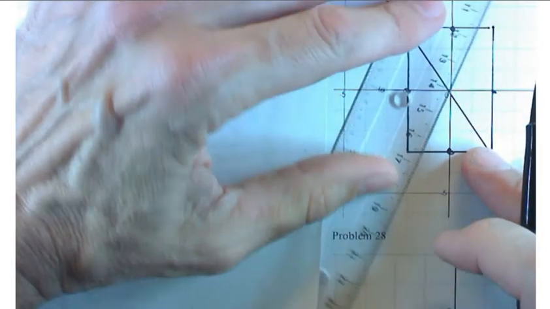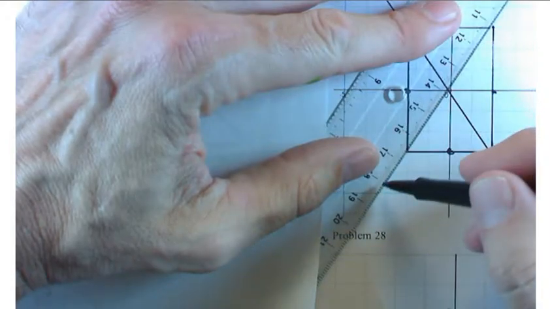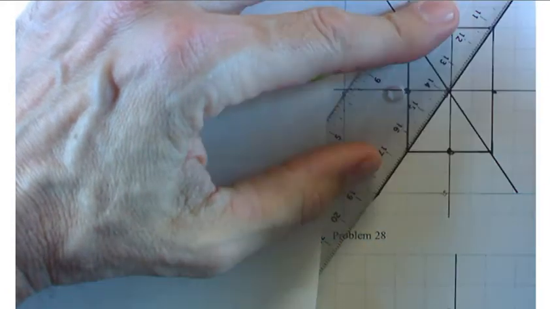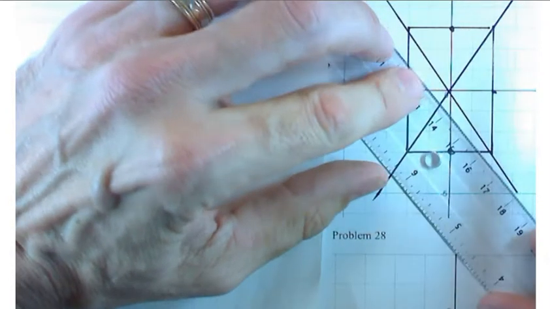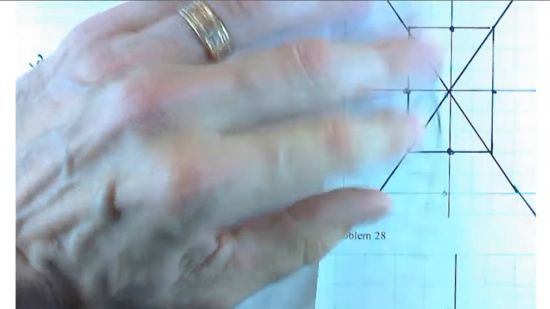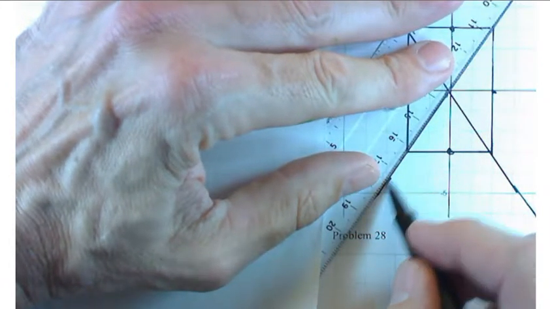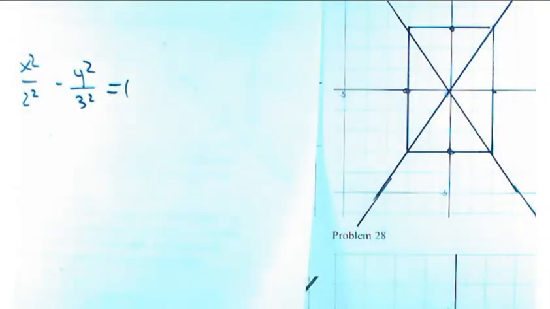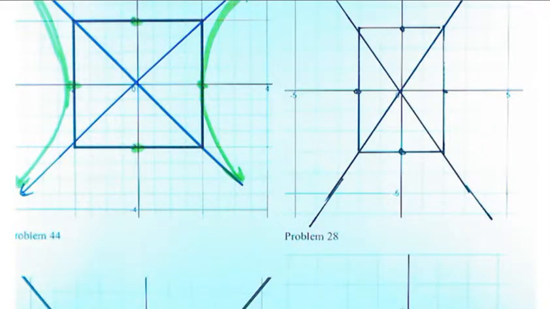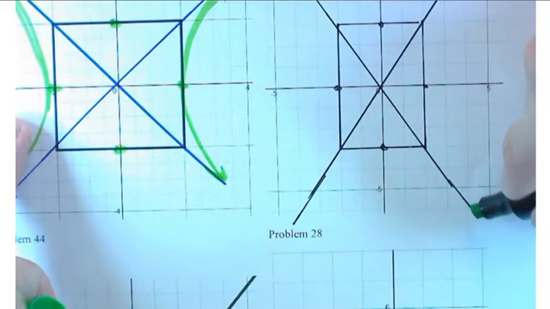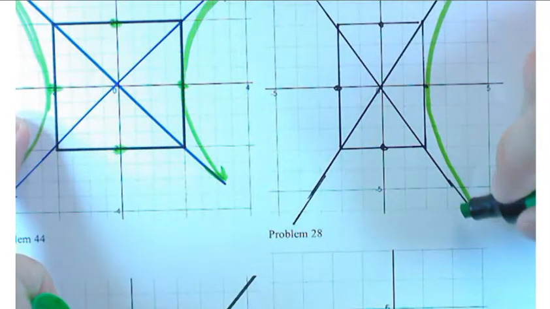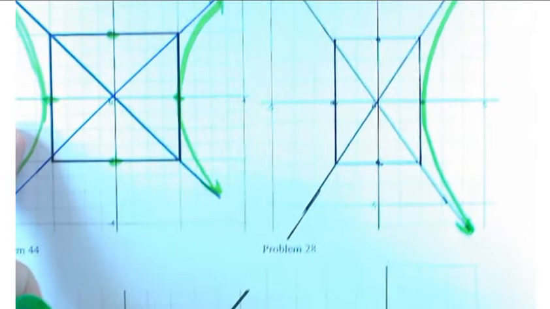Kennedy, which way is this going to open? Left and right or up and down? Good, left and right. It's a hyperbola in x squared, so it's going to open left and right. And let's see how we can do. Now, if you accidentally touch the line or something like that, that's fine.